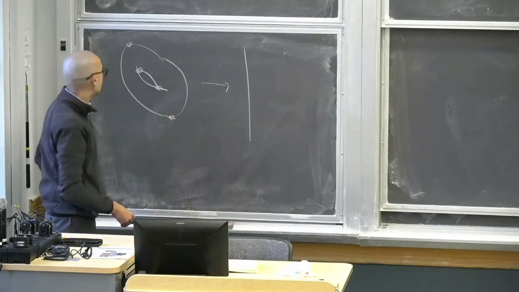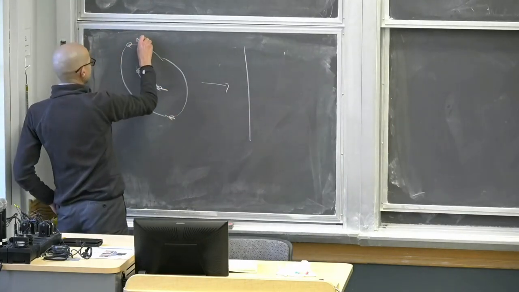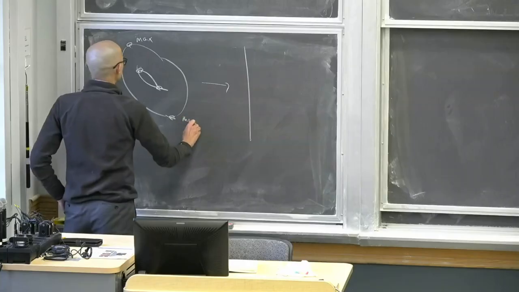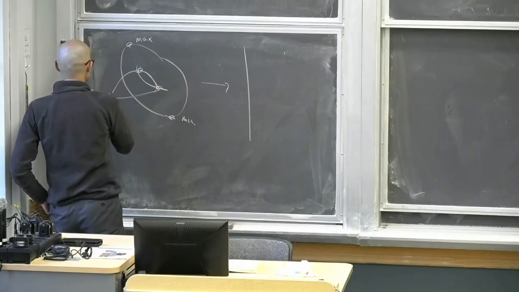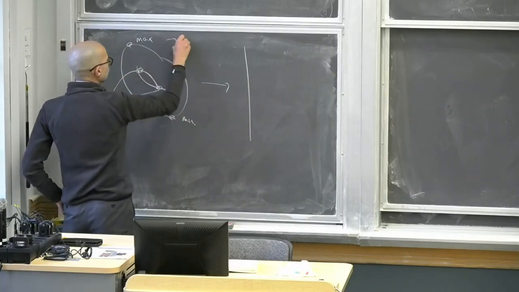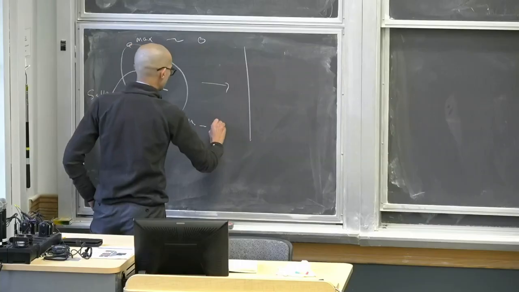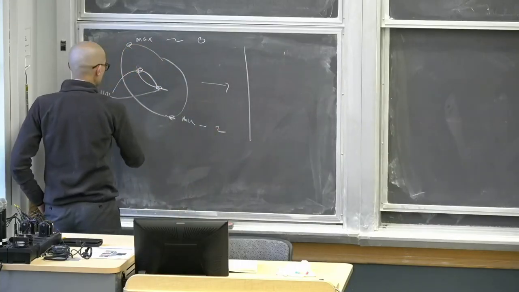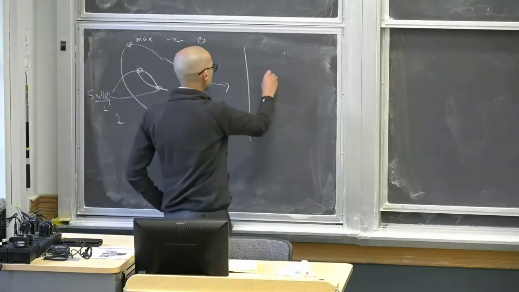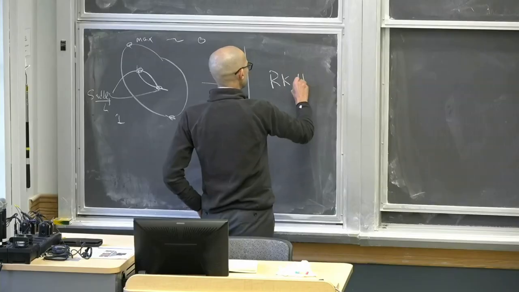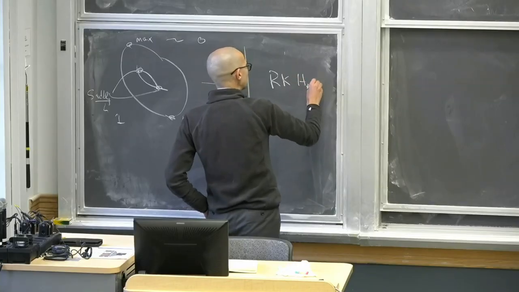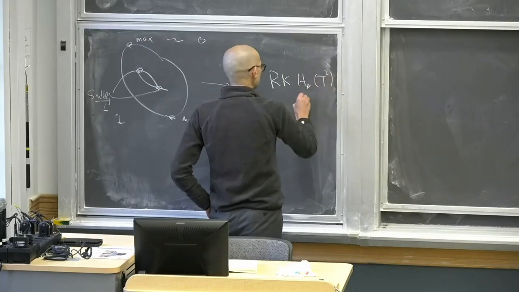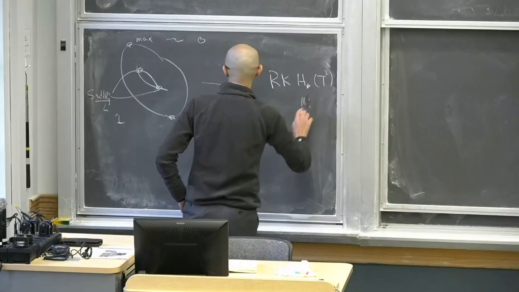This is a max, this is a min. These are saddles. You should associate to this the number 0, and this the number 2, and this the number 1. And there's 2 saddles, and this corresponds to the fact that the rank of the total homology of the two torus is 4.